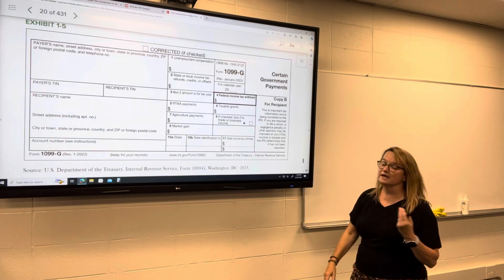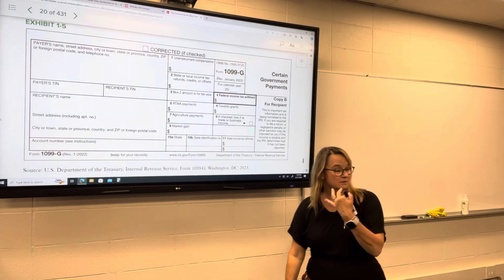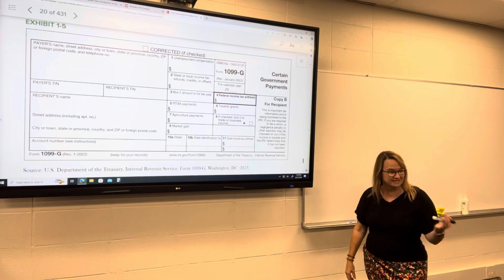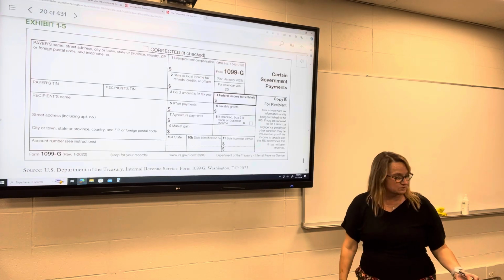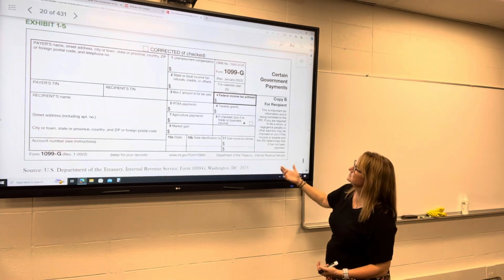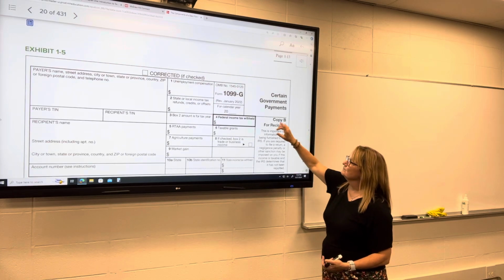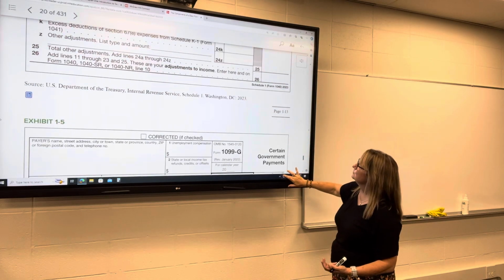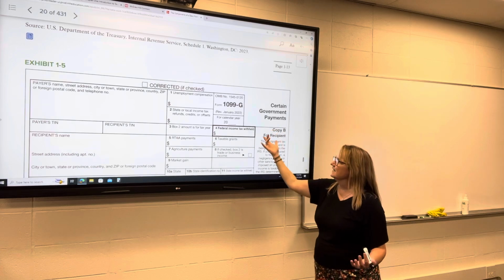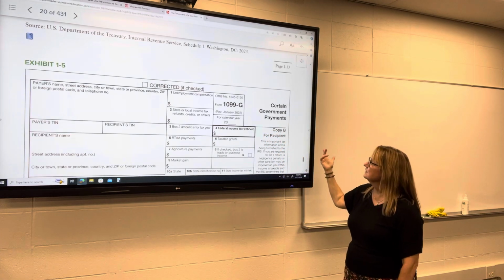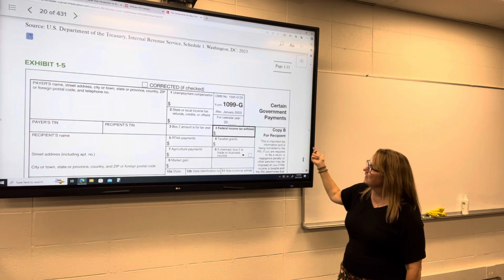Okay, so a lot of you are familiar with these types of forms, 1099. We talked about 1099s in payroll accounting. We talked about W-2s. These are just examples of what some of them look like. I don't know why they put this one first, but 1099-G is for government payments.